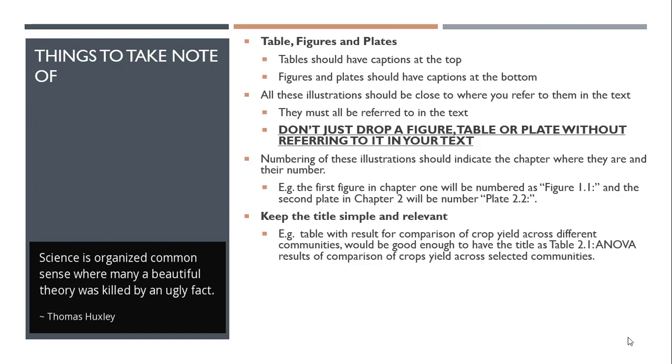So if I have table 2.1 and I named it an overall result of comparison of crop yield across selected communities, it's simple. It's clear that I'm presenting an analysis of variance result which shows the comparison of yield across selected communities. So it's straightforward. That is the key. It should be clear what the table is about.